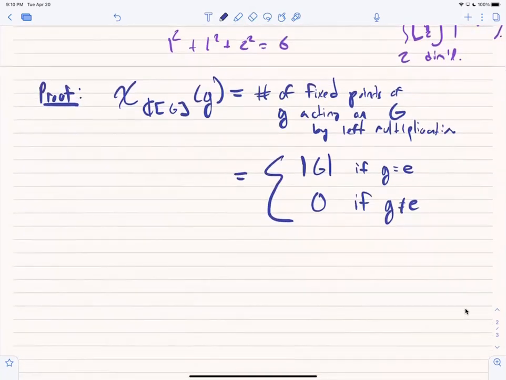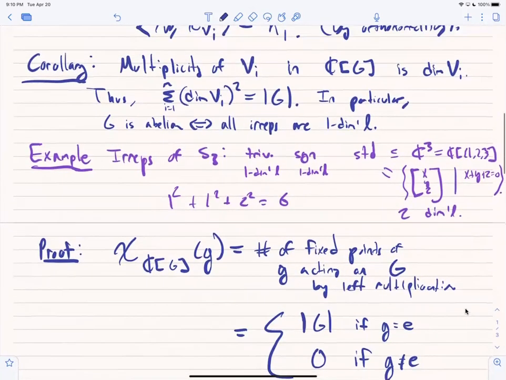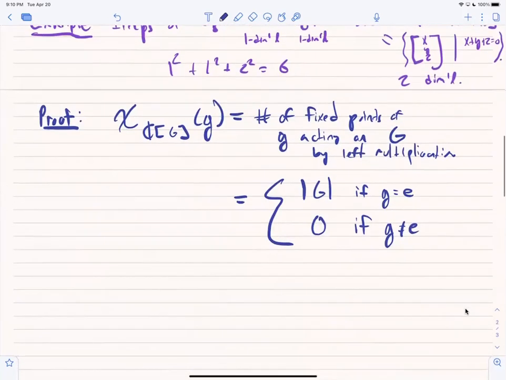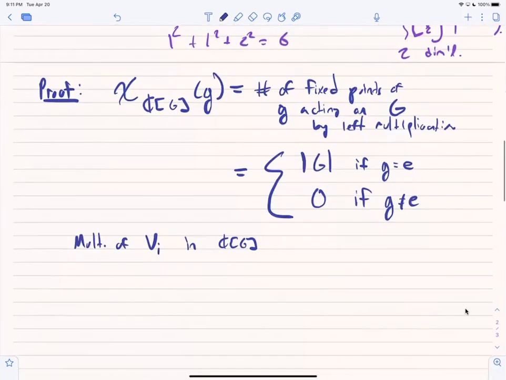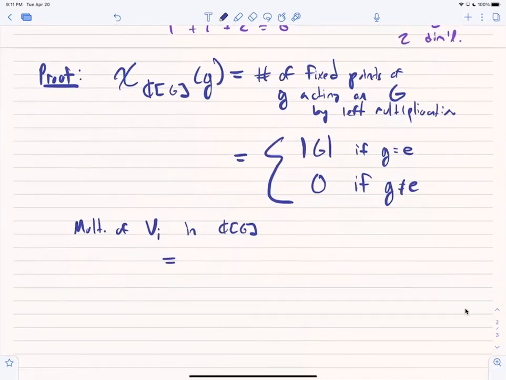And so we get that the multiplicity of VI in CG is equal to the inner product of these characters.